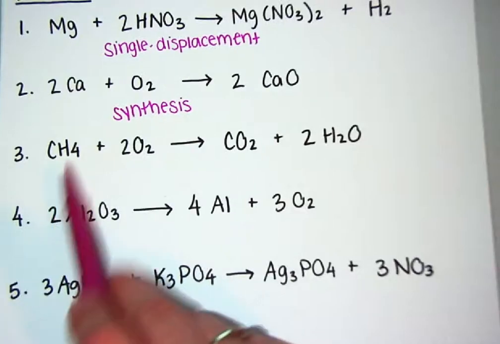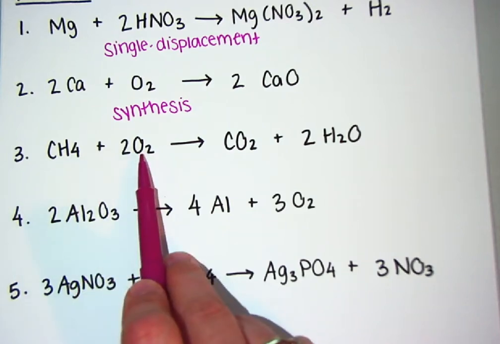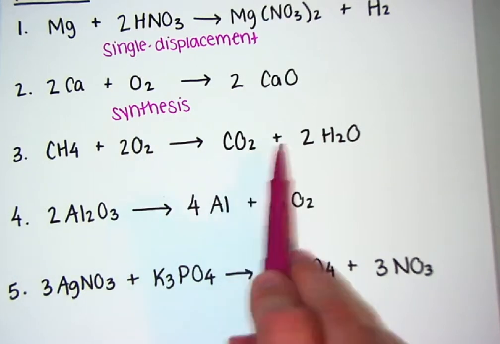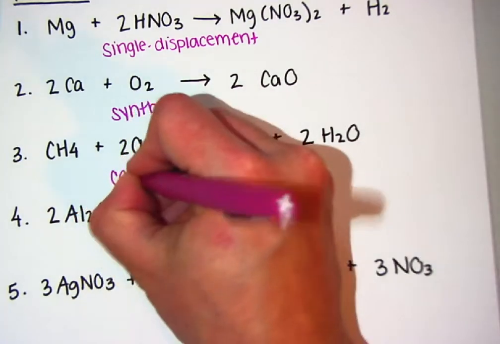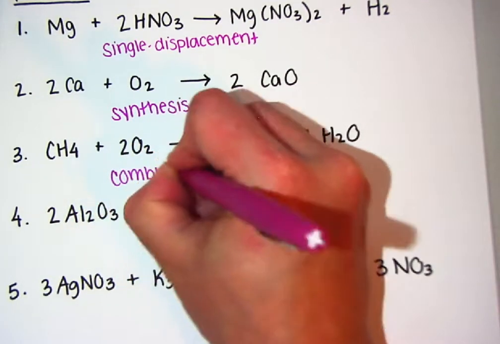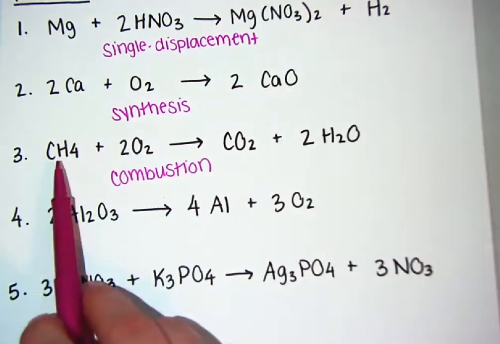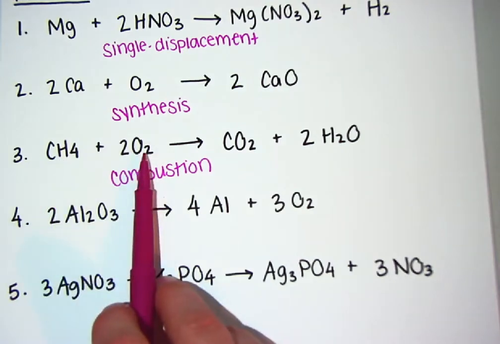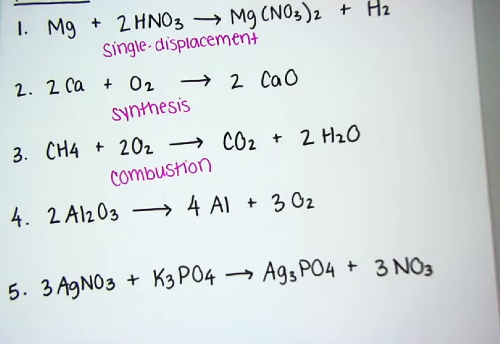Number 3, CH4 methane plus oxygen produces carbon dioxide plus water. This is a combustion reaction. We have some form of combustible material made up of carbon, hydrogen, and sometimes oxygen, plus diatomic oxygen, producing carbon dioxide and water.